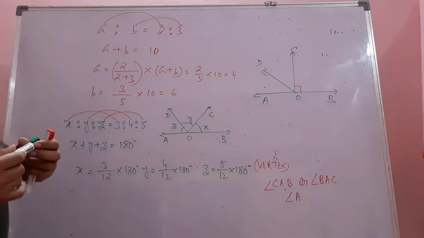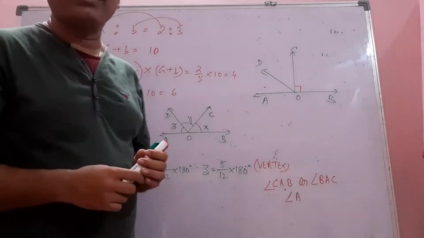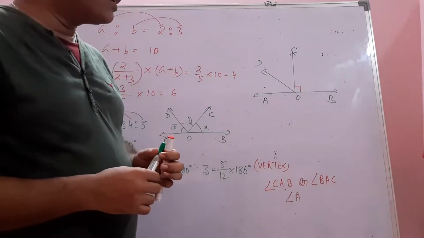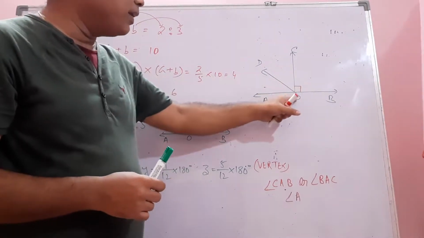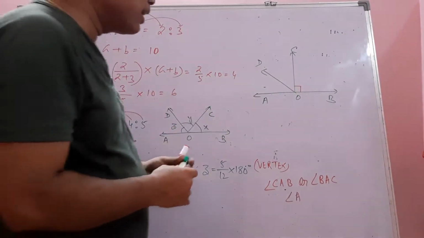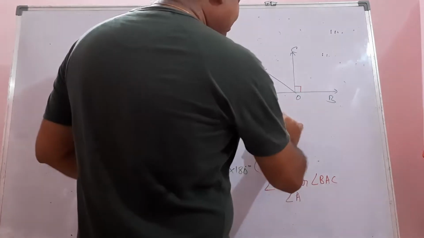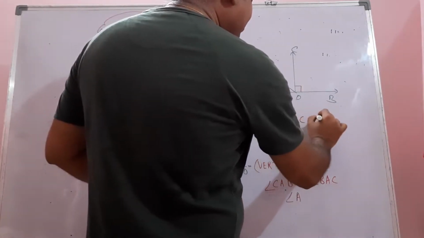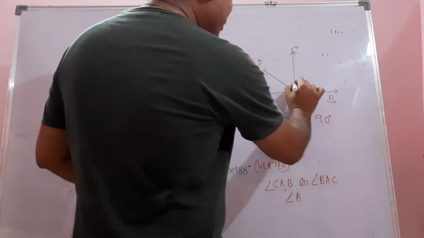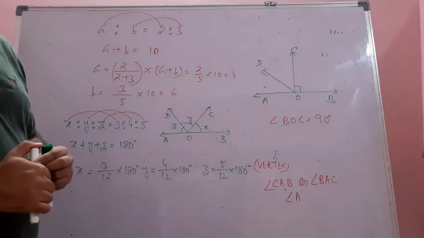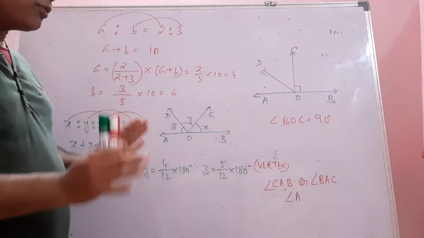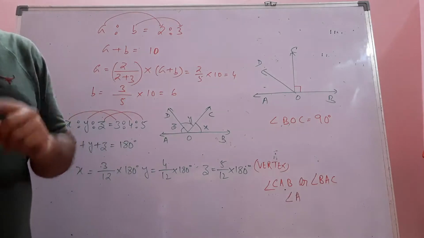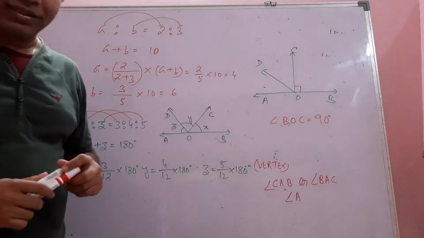That box means that angle is 90 degrees. That box means this angle BOC, which you can name BOC or COB, is 90 degrees. If you know this much, then your first exercise will be very easy.